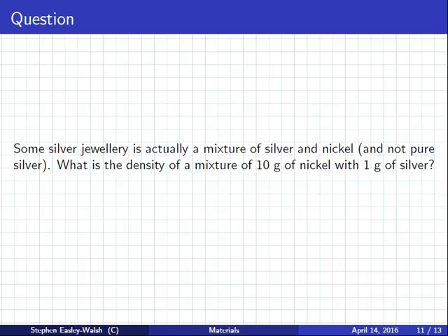So, you have some piece of silver, it's actually 10 grams of nickel and 1 gram of silver. What's the density of the mixture? I'll let you try this before I do it, see what you can come up with. It's a little bit like the last example you did. You need to look at the combination of mass and volume. That's my hint. See what you can come up with.